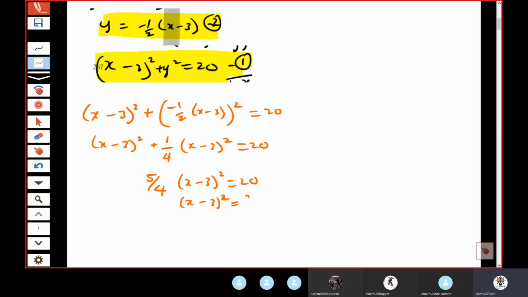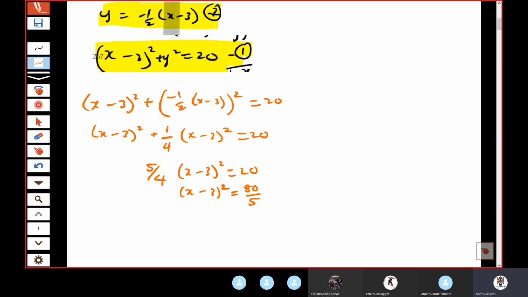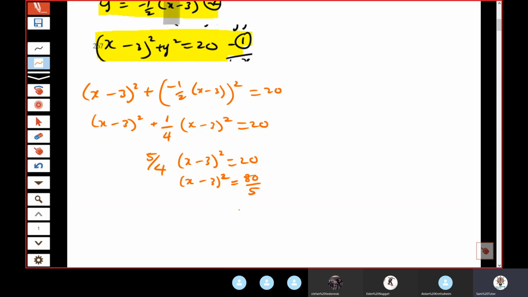And I think you guys can see where I'm at. 80 on 5 is 16. Exactly. And then, yay, we got a nice number, square rooted, x minus 3 equals plus minus 4, x equals 3 plus minus 4, so 3 plus 4 is 7, 3 take away 4 is minus 1.